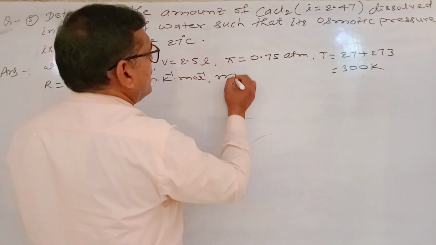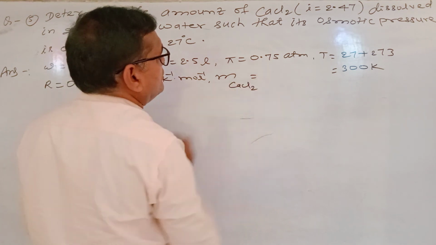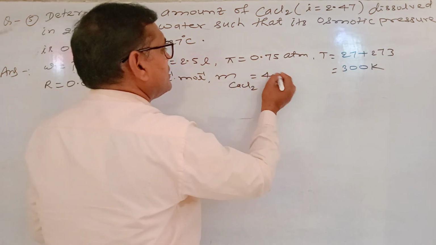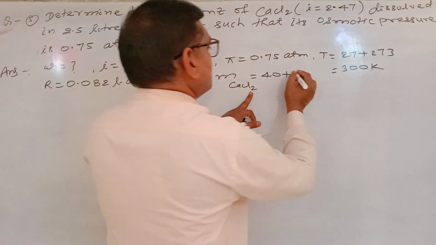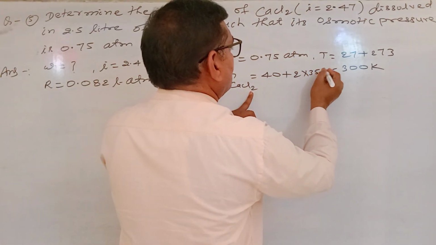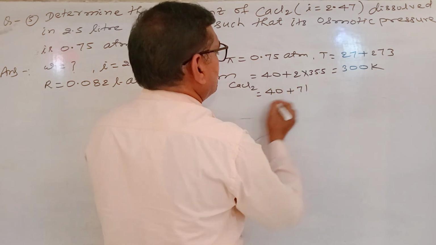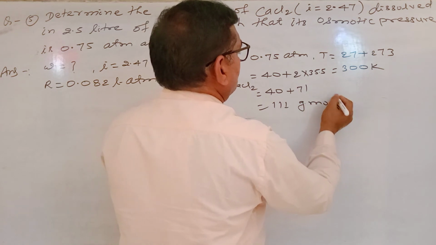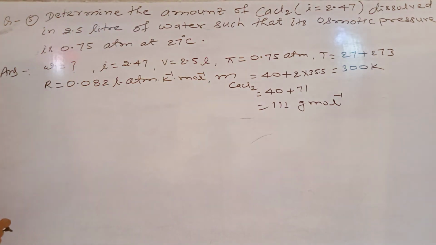Here we write molecular mass of calcium chloride is equal to atomic weight of calcium is 40. We write here 40 and atomic weight of chlorine we write here. Now we write a formula in which these are present.